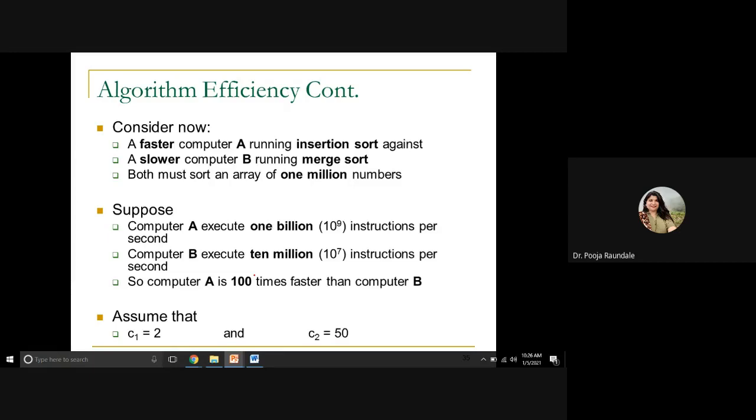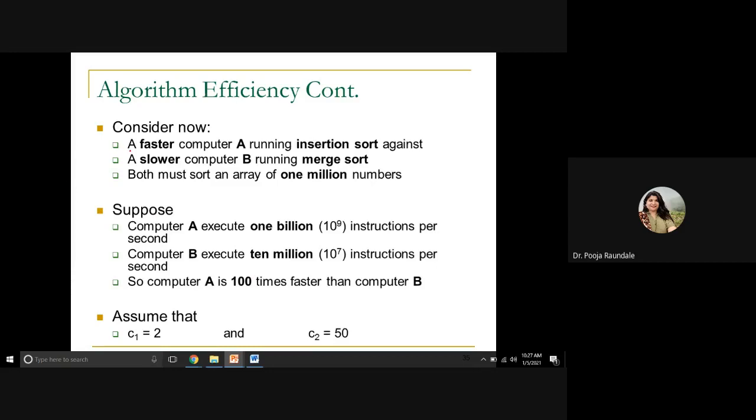In the same way, when we are comparing the runtime of algorithms, if we compare an algorithm run on a faster computer with one run on a slower computer, it will not actually give us the exact measure, right? So we have to keep the same basis for comparison of the code and algorithms.